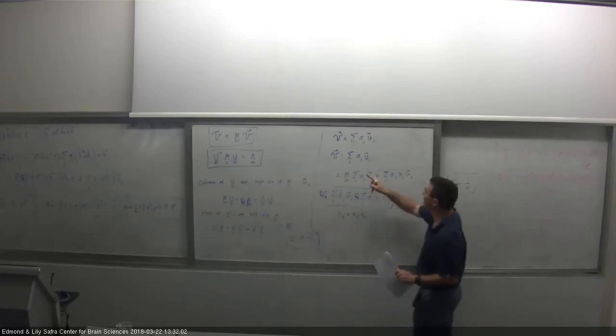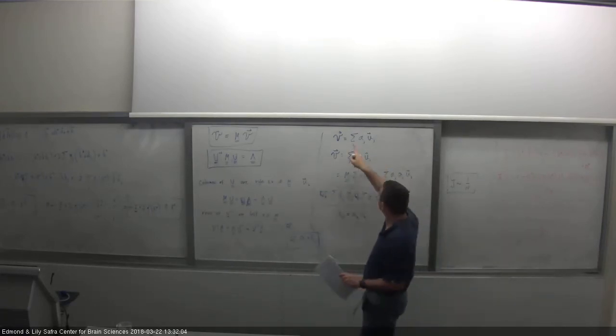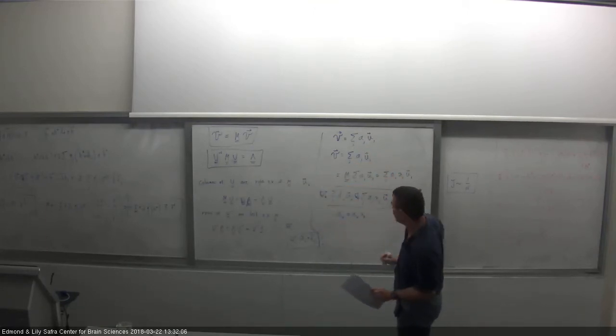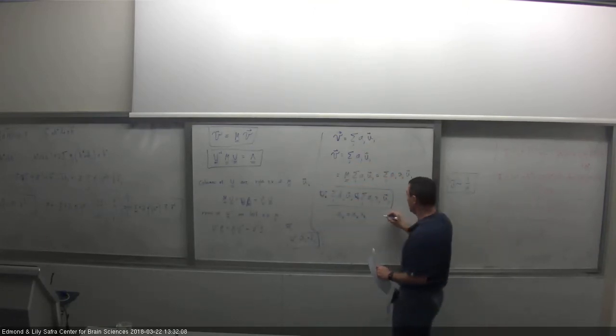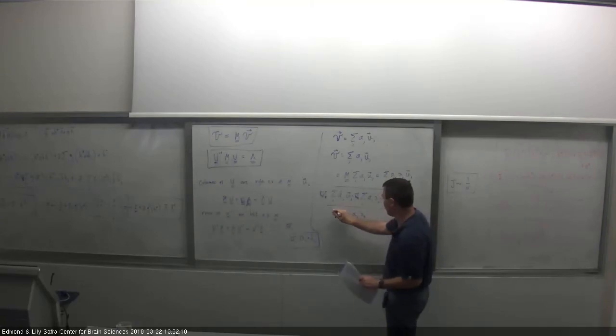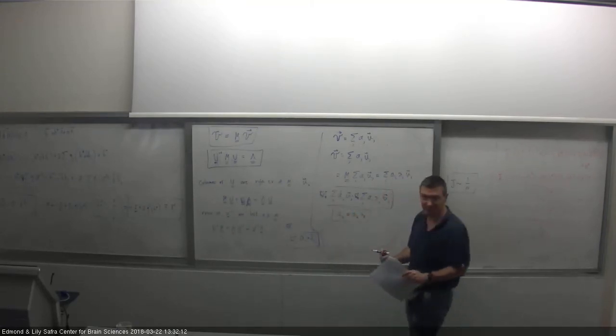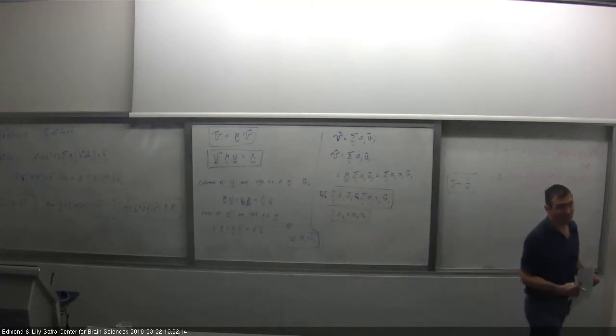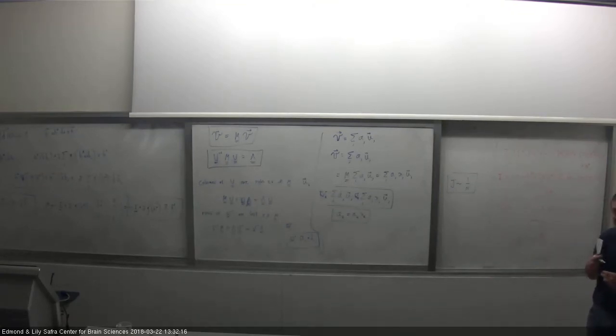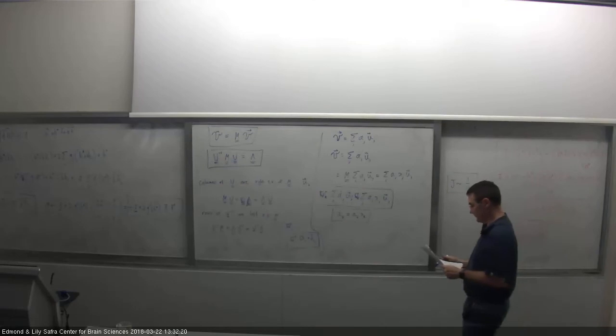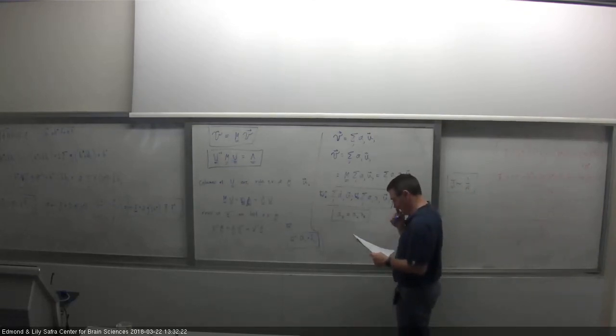So rather than having these n differential equations for the different neurons, now we have n differential equations for the different modes, the different projections on the eigenvectors of the matrix M. But these modes are independent of each other.